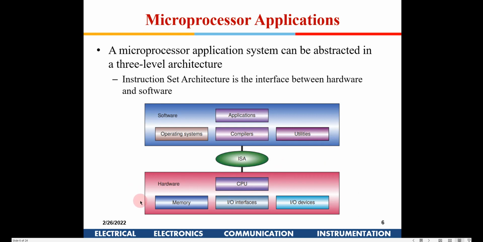First, the hardware is fixed: once a microprocessor has been designed, a set of instructions is given by the hardware engineer, so that the software engineer can accordingly use the ISA to write the programs, right. If you write very high level applications, the microprocessor will not be able to decode what it is. So you have something known as ISA, which forms the interface between the hardware and the software.